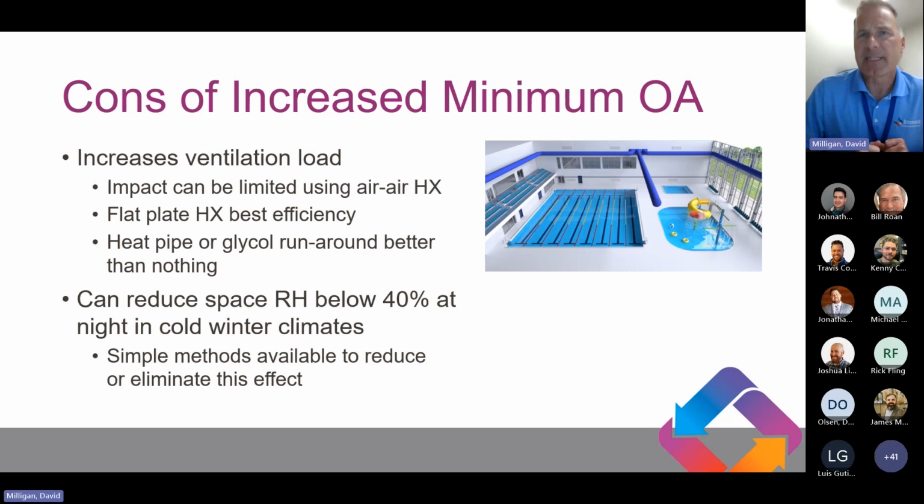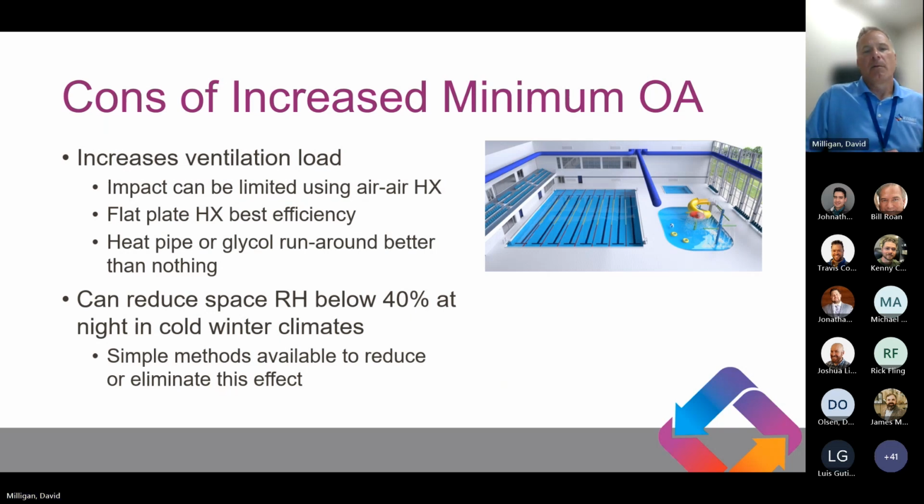And that's some of the cons that some people will try to bring up, is, hey, you're bringing in more outdoor air, especially in the wintertime, you're going to have to heat a lot more, but having some type of energy recovery device in the system really helps mitigate some of those concerns. Also, some people will say that, hey, in the middle of winter time, I could drop below 40% on the RH. Yeah, you could have that, but there are ways to reduce that amount of outdoor air coming in to help reduce some of those concerns.